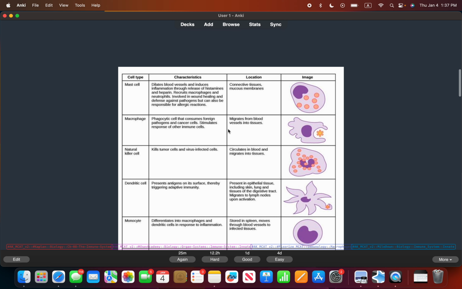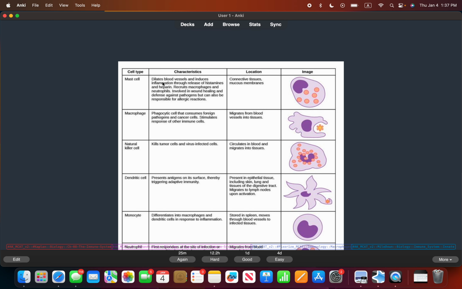We have the mast cell. It dilates blood vessels and induces inflammation through release of histamines and heparin. It recruits macrophages and neutrophils. It is involved in wound healing and defense against pathogens, but can also be responsible for allergic reactions.